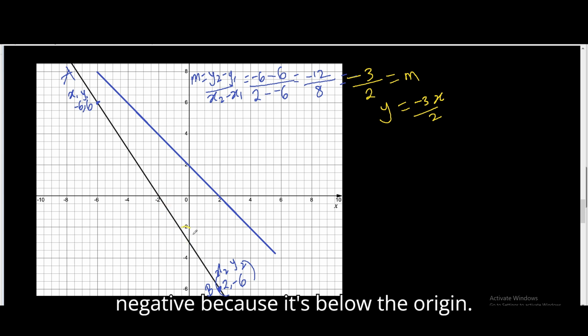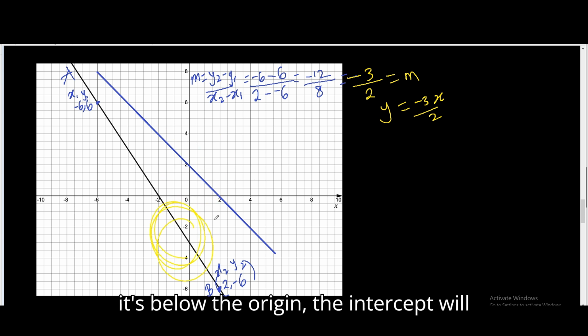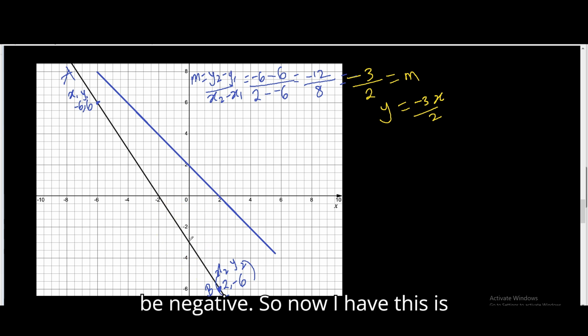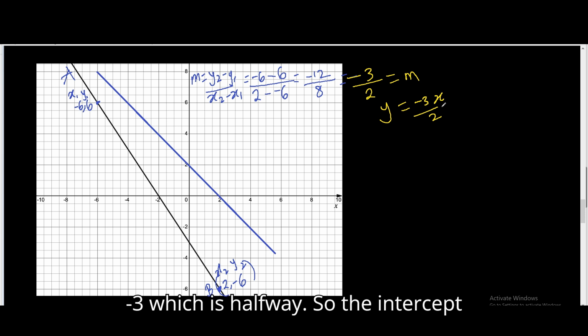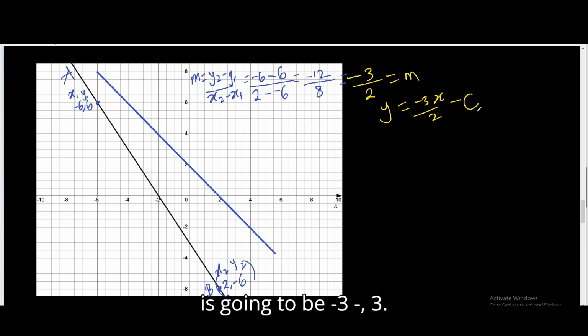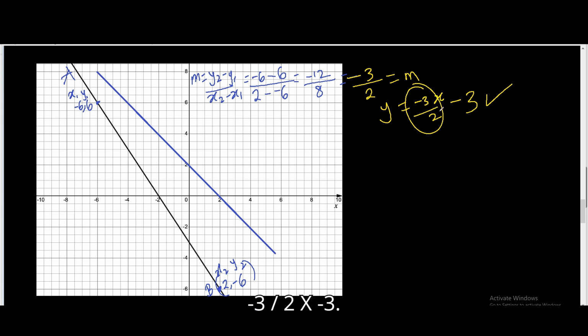So the intercept is negative because it's below the origin. If it's above the origin like this one, the intercept will be positive, and if it's below the origin, the intercept will be negative. So now I have, this is negative 2, this is negative 4. That means this should be negative 3, which is halfway. So the intercept is going to be minus 3. So this is the equation of that graph: minus 3 over 2 x minus 3.